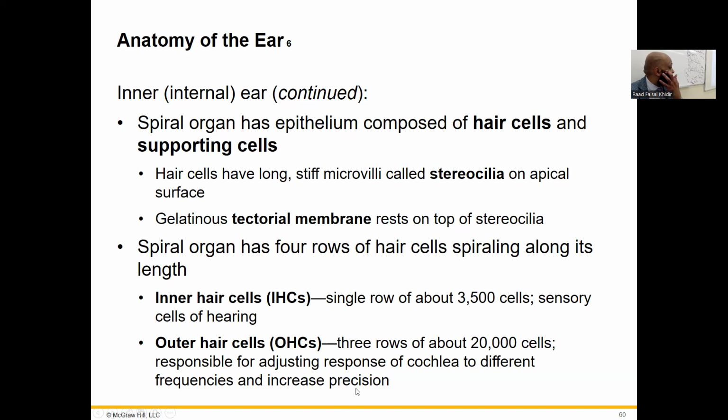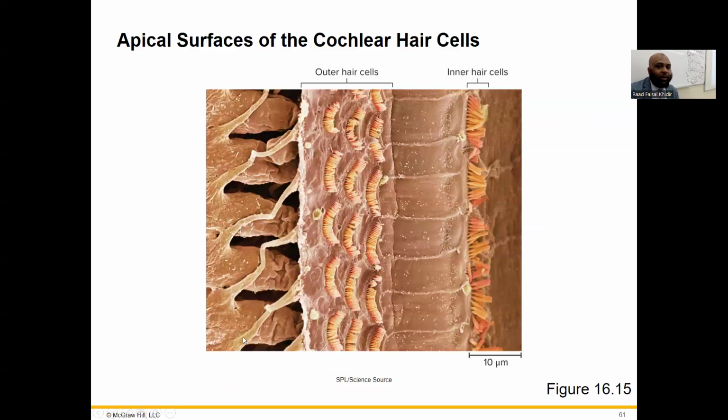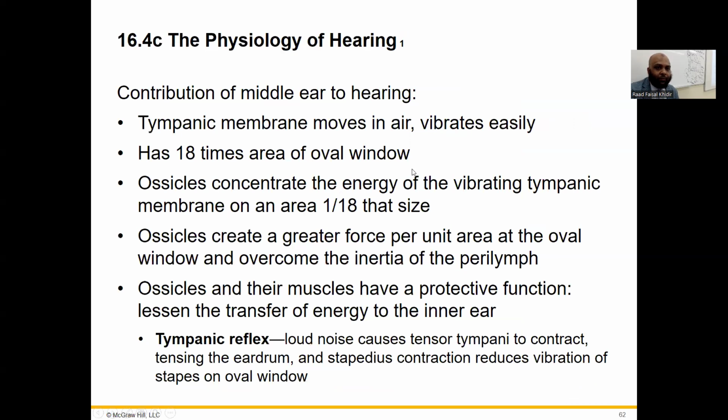So the outer hair cells are important for fine-tuning the sound that has been detected and sensed by the inner hair cells. So that shows you the inner hair cells, and that is the outer hair cells.